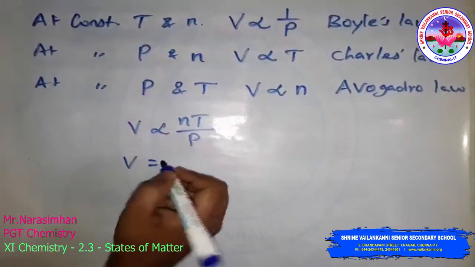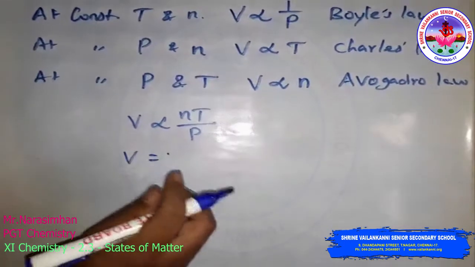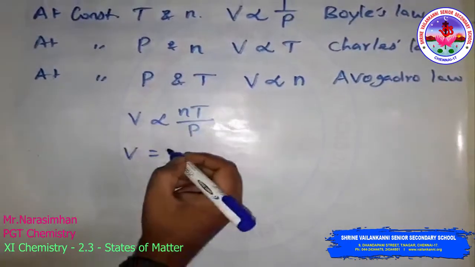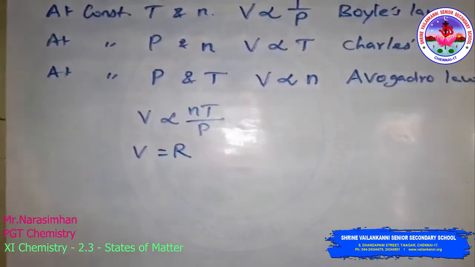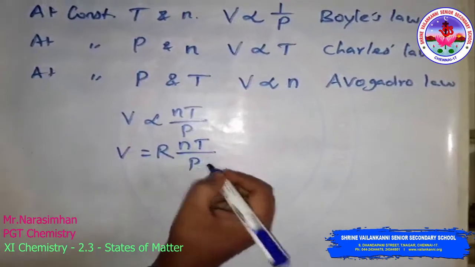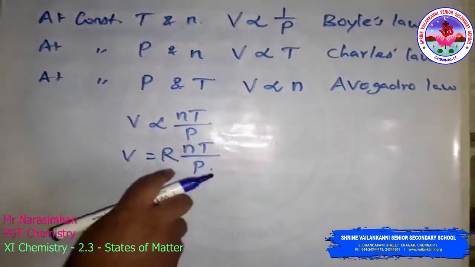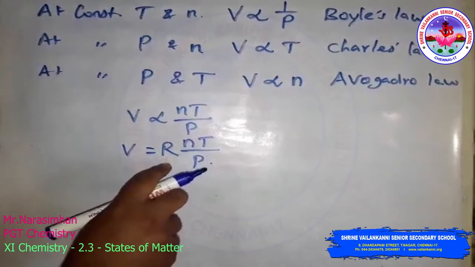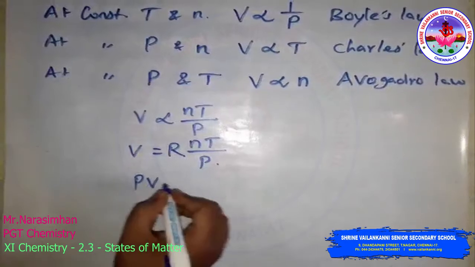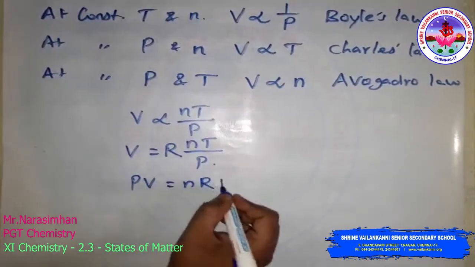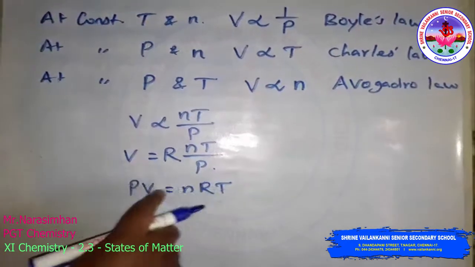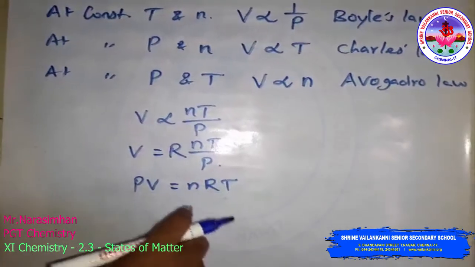Earlier we introduced proportionality constants K1, K2, K3, K4, but here we introduce the proportionality constant as R. So V is equal to RnT divided by P. Rearranging this equation, PV is equal to nRT. So this is called the ideal gas equation.